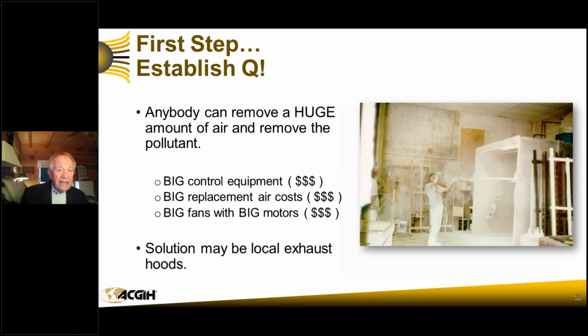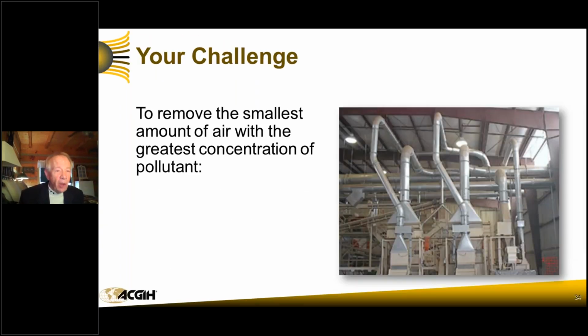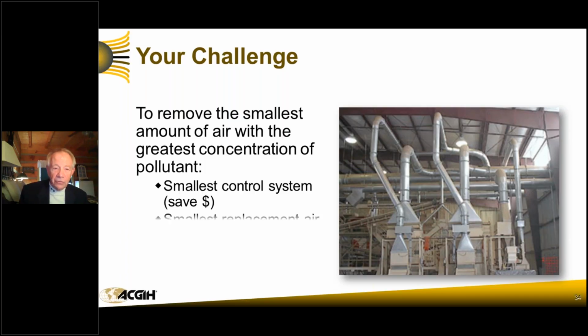Your challenge: to remove the smallest amount of air with the greatest concentration of pollutant, because if you can do that, it will require a small control system. Dust collector systems are based on their Q. The bigger the Q, the bigger the dust collector. When you can have a smaller amount of CFM, you can put in a very small dust collector. It does matter how much dust is in it, but not nearly as much as the amount of air that it has to control.